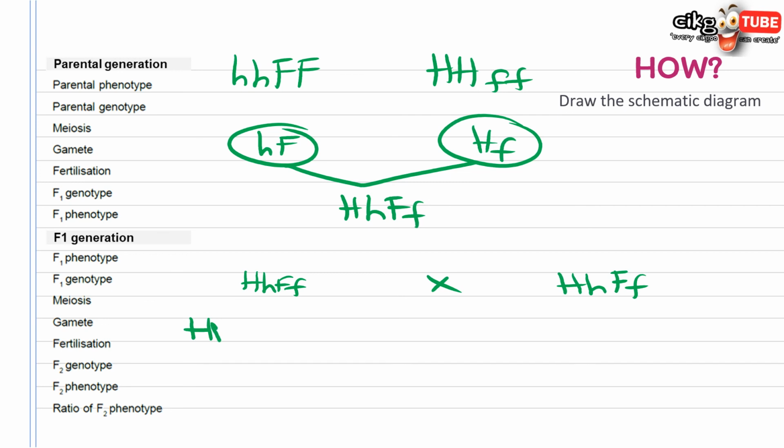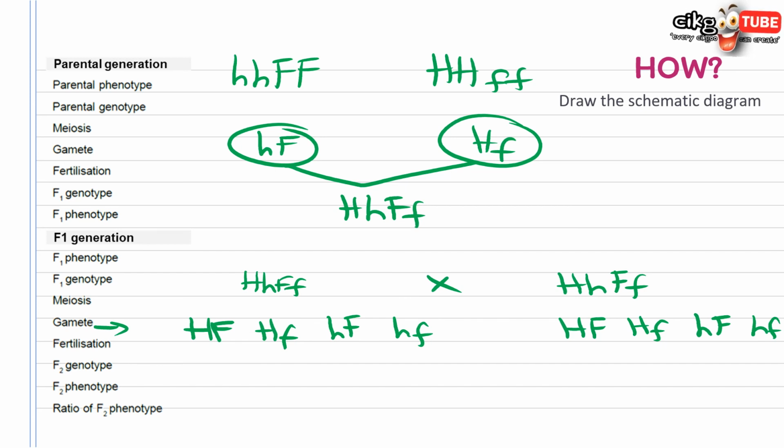So we have here HF, and then we also have Hf, and then we have small h big F, and also small h and small f. Same goes with this. We have the dominant and dominant, dominant and recessive, recessive and dominant, and recessive and recessive. So these are the possible gametes after undergoing meiosis.